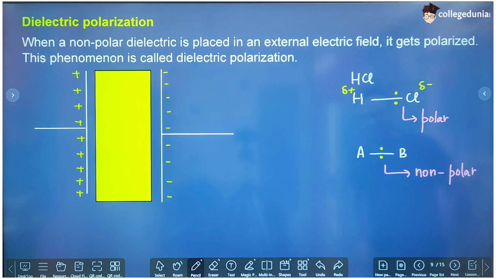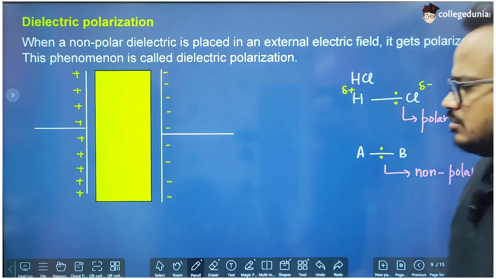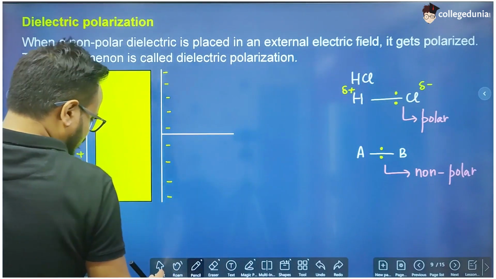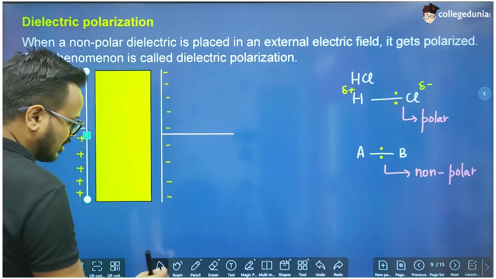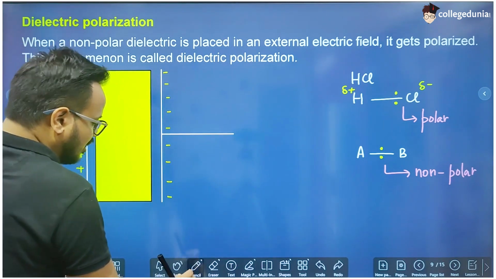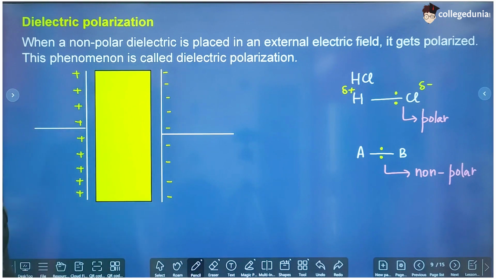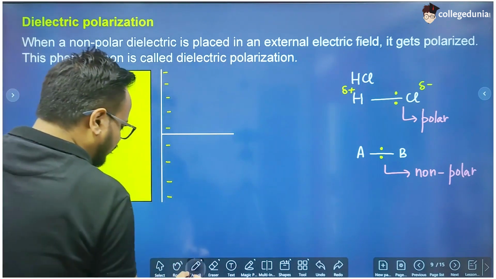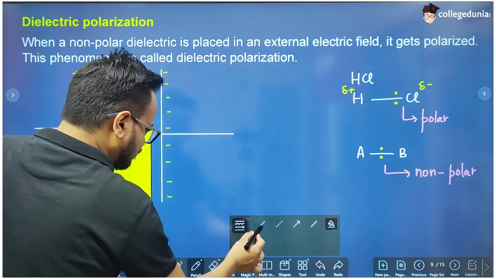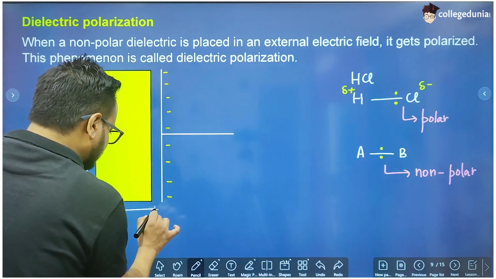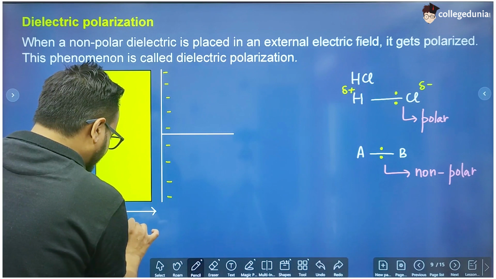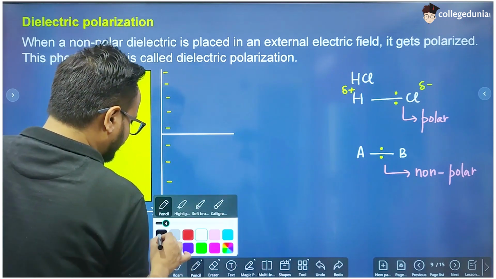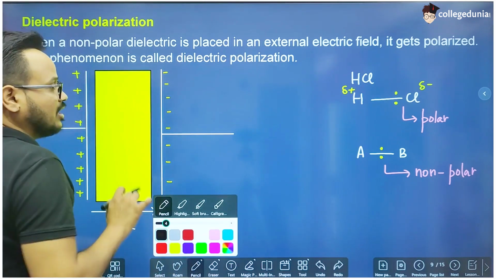Now what happens if a slab of a material which has this type of molecules inside it is placed in an external electric field? Now here we have an external electric field E. So what happens?